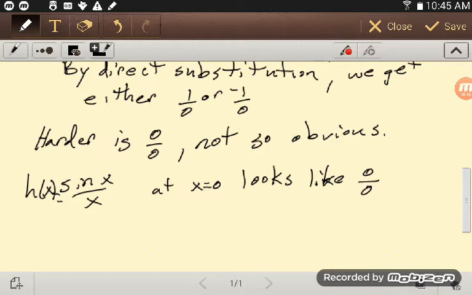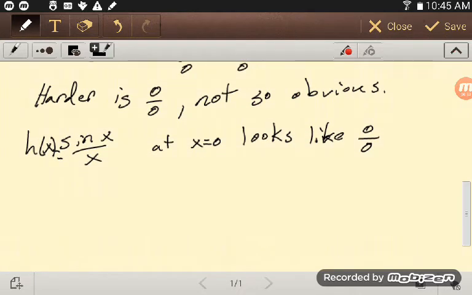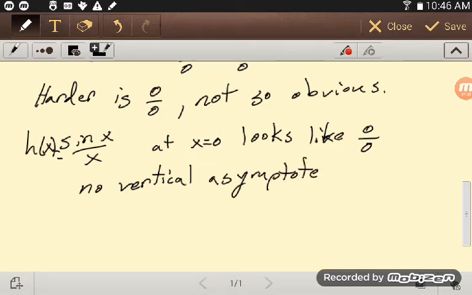And so in that case, well, 0 over 0, is there a vertical asymptote there? Well, if you graph it, the answer is no. Okay, so this has no vertical asymptote.